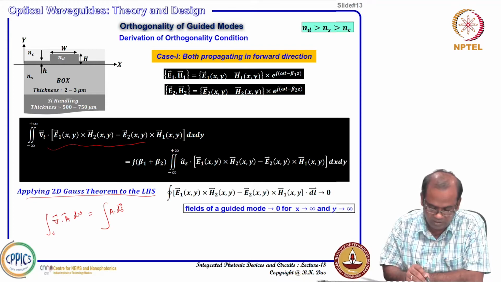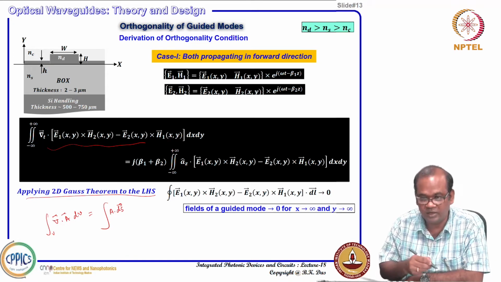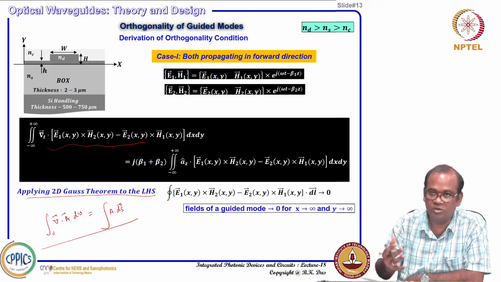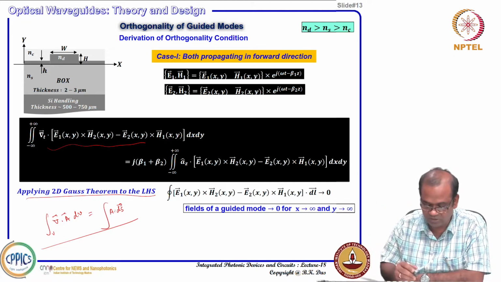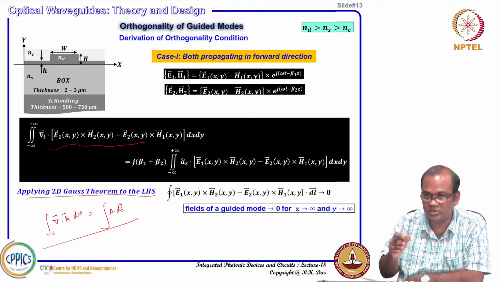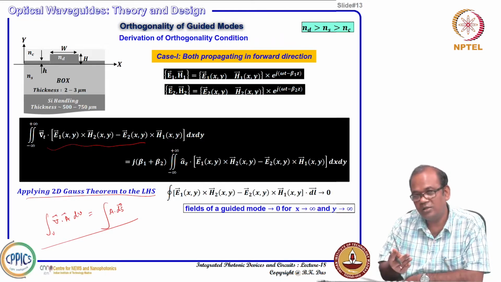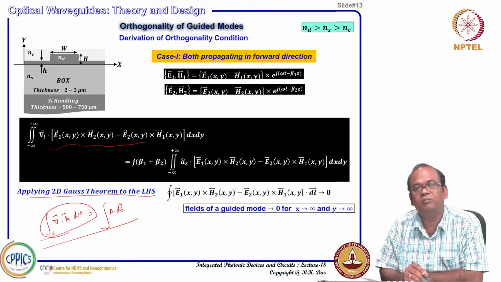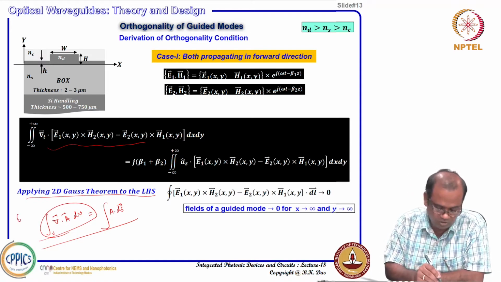You take the value on the volume's surface, take a dot product with the surface element, and integrate. That is the Gauss theorem of divergence, for 3D.